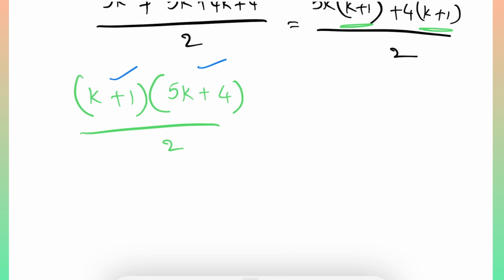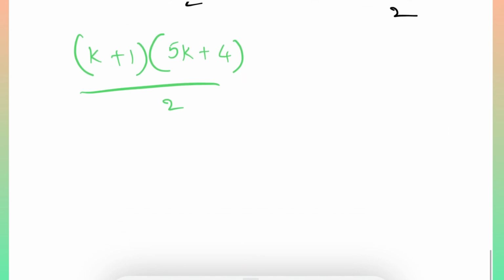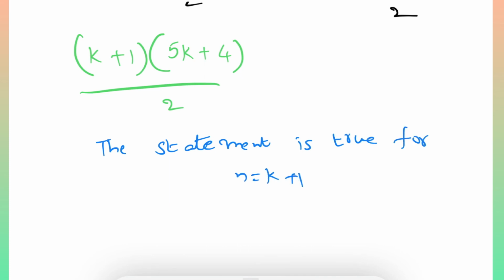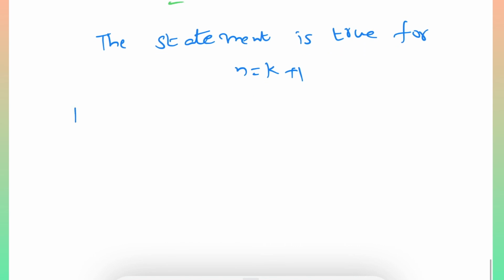Then we can say that the statement is true for n equals k + 1. The statement is true for n equals k + 1 by the principle of mathematical induction.